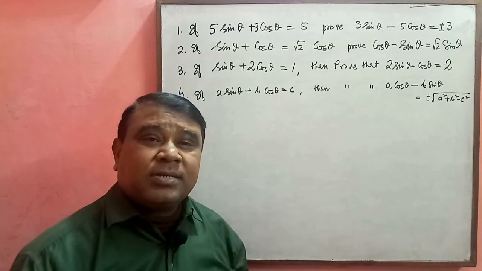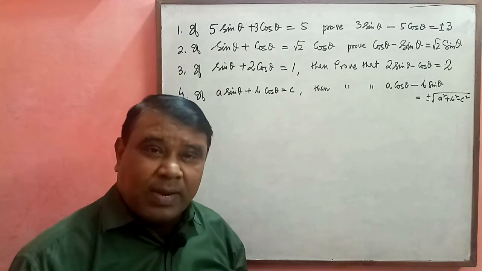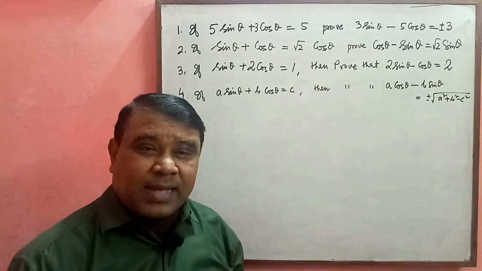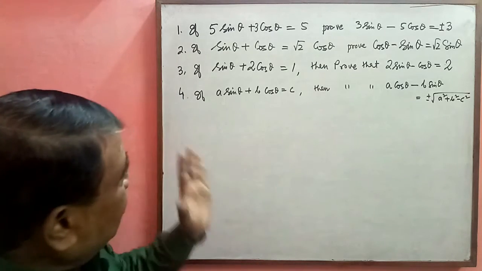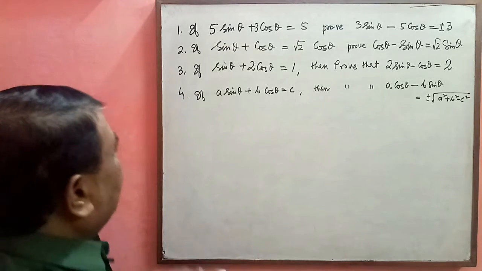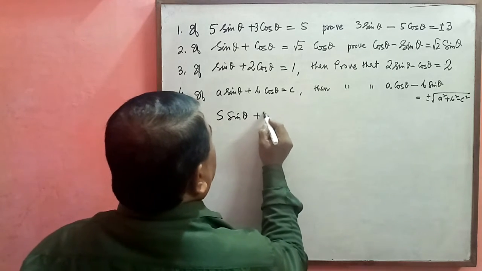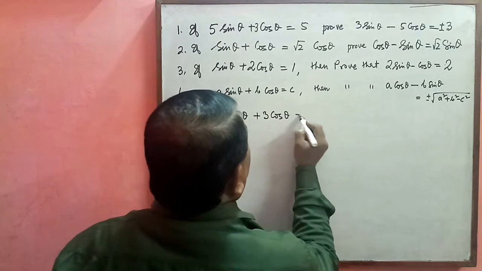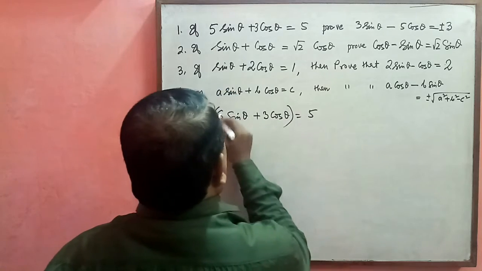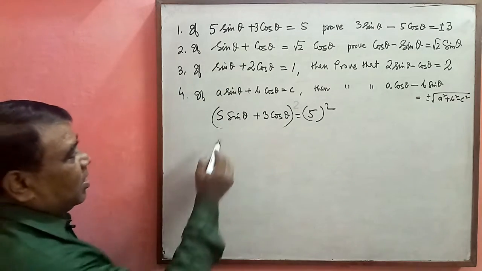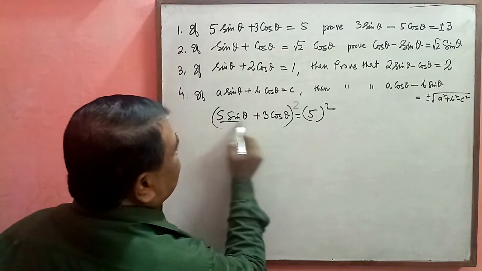Sine square is changeable to 1 minus cos square and cos square is changeable to 1 minus sine square. So let's see, 5 sin theta plus 3 cos theta is equal to 5. I am squaring both sides. Now it is a plus b whole square.